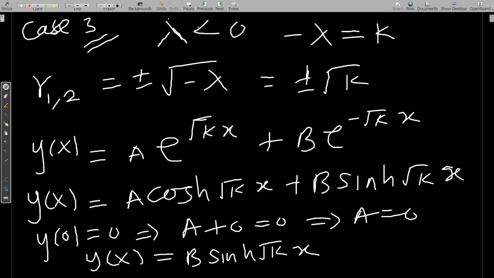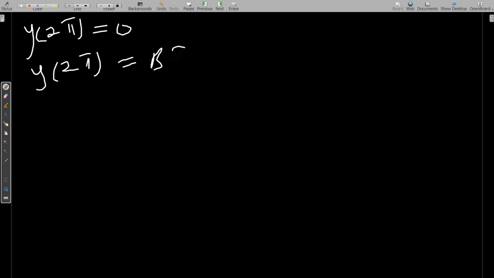Okay, so you consider the other case where we said y of 2 pi is equal to 0, meaning that y of 2 pi for this part will be equal to b sinh 2 pi square root of k, and we are saying that this should be equal to 0. But then let's consider this.